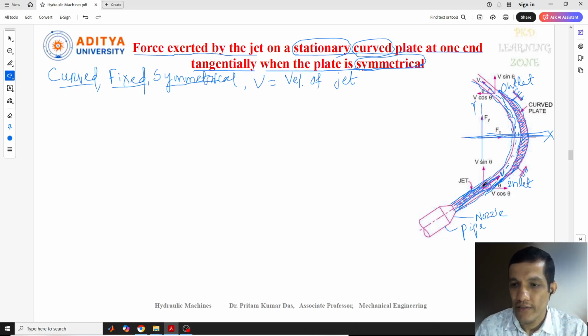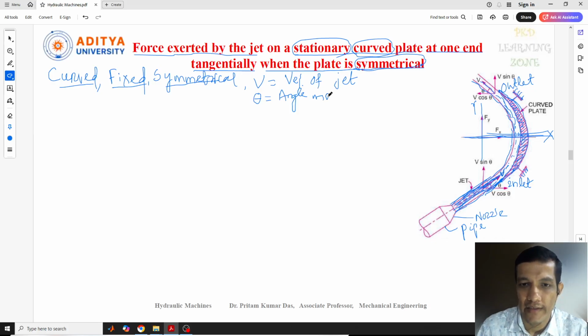The fluid flowing through this plate makes an angle theta to the x-axis. So theta equals the angle made by the jet with the x-axis.